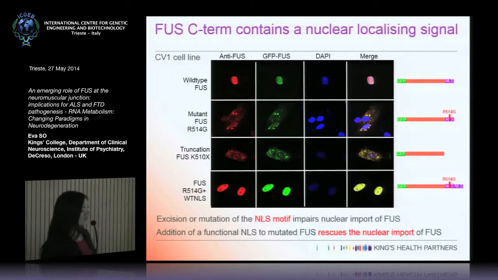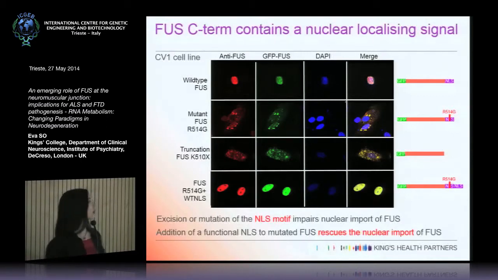And in this truncated FUS protein, in which the C-terminal 17 amino acids which contain the NLS were deleted, there is almost exclusive cytoplasmic staining. So this confirms that the C-terminal of FUS does contain the NLS.